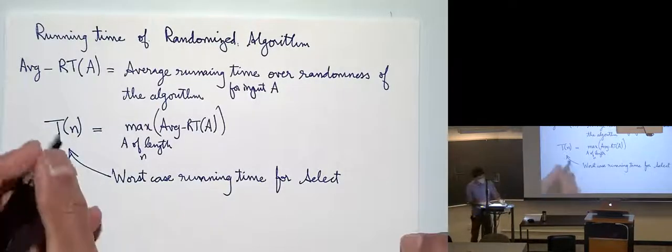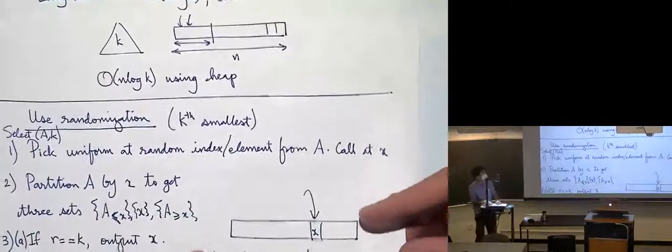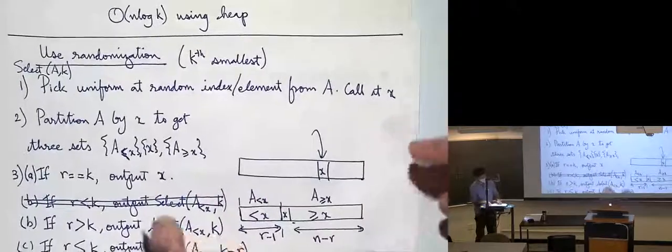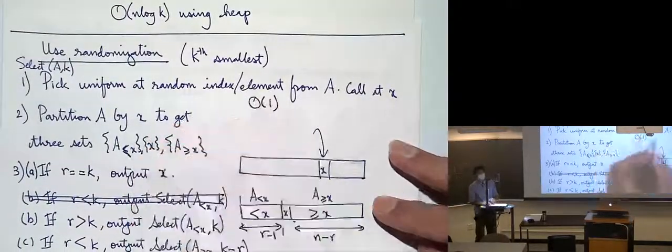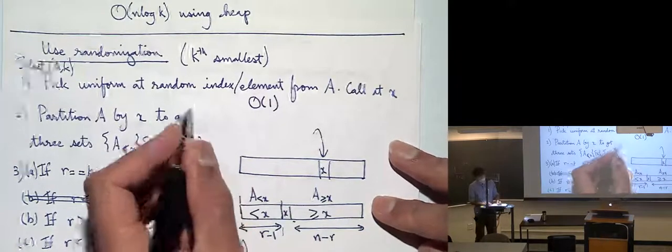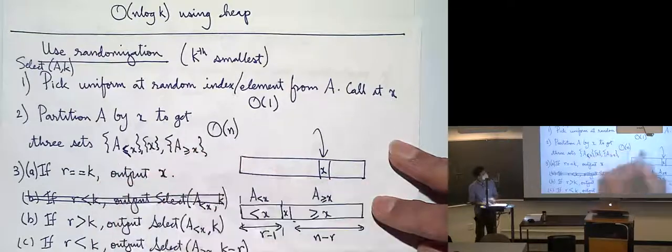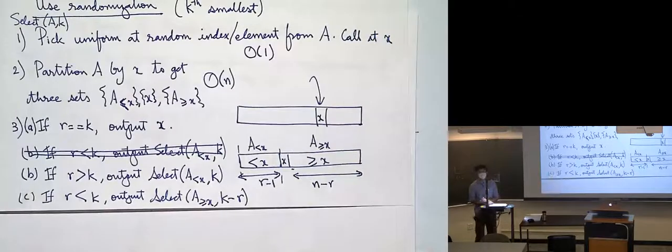So let's try to understand what T of n looks like. I'm going to go back to this and write out the running time here. This step is just O of 1, just picking at random. This step here is linear, O of n. Now the problem is with this.